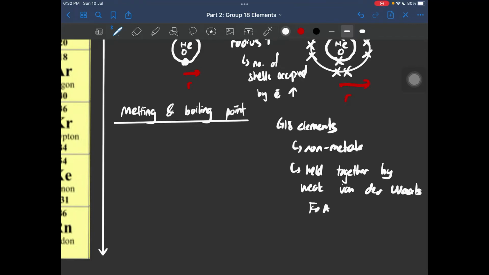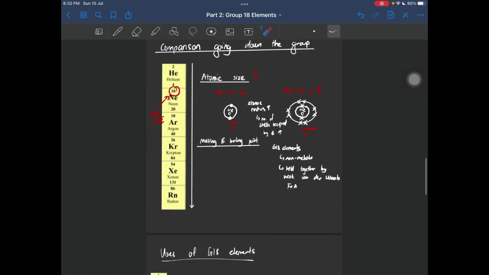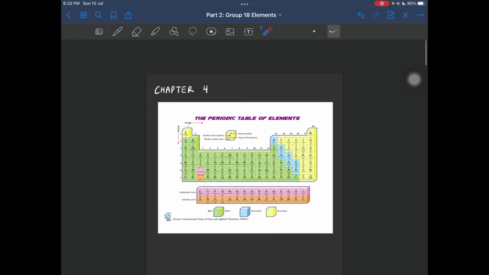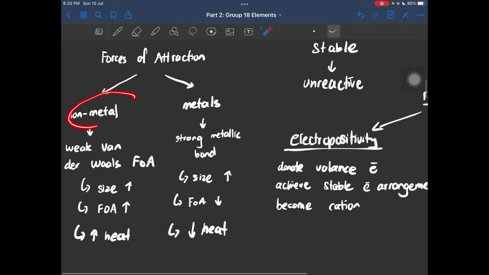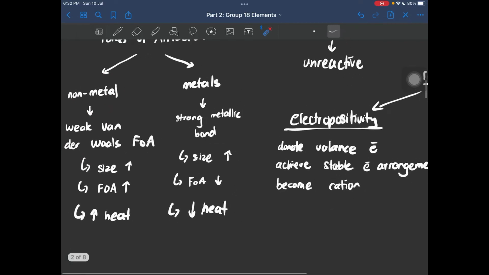And we know that when the atomic size increases, the forces of attraction will increase. Let's go back to the overview. For non-metals, the force of attraction is weak van der Waals forces of attraction. And when the size increases, the forces of attraction will increase, and the amount of heat required to overcome the force of attraction will also increase.